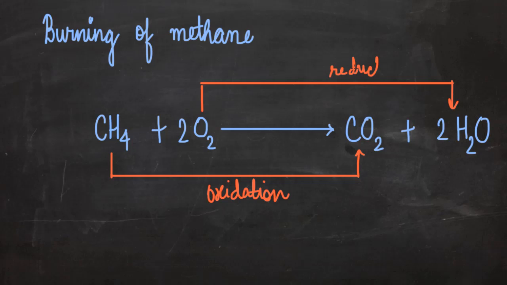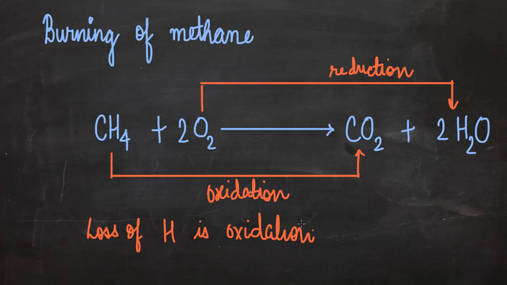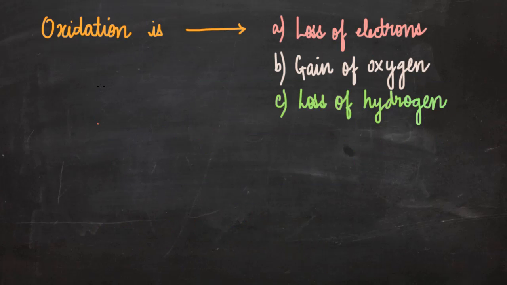reduction. We can notice one more thing here, that methane is gaining oxygen to get oxidized, but it is also losing this hydrogen. So we can also say that loss of hydrogen is oxidation. So till now we have seen 3 things about oxidation, and those things are that oxidation is the loss of electrons, or gain of oxygen, or loss of hydrogen.